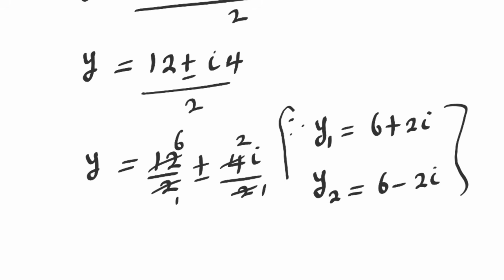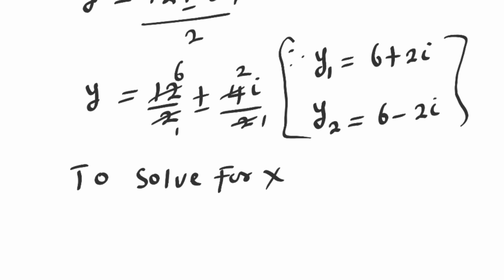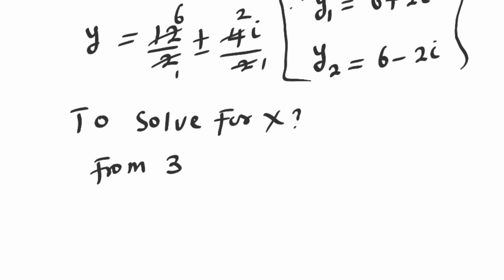These are the values of y. We've gotten the values of y. Let us solve for x. To solve for x, from equation 3, x is equal to 12 minus y.